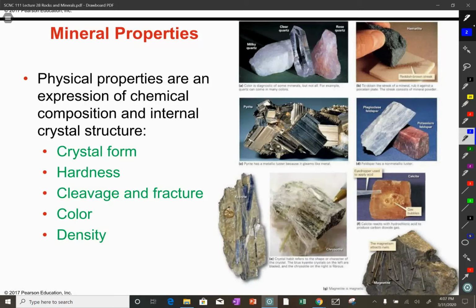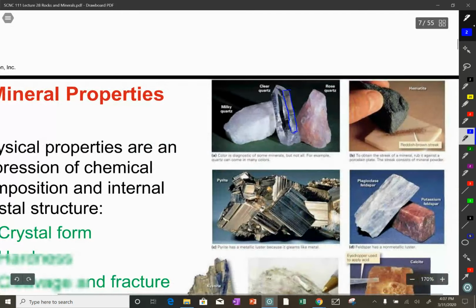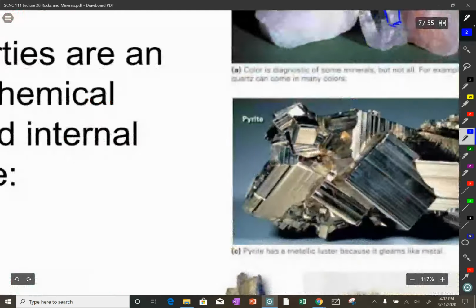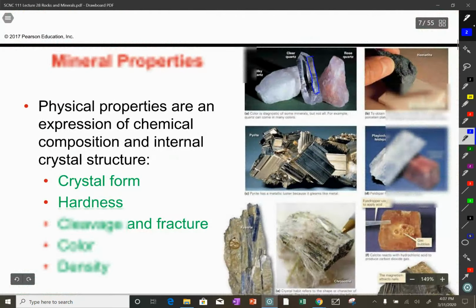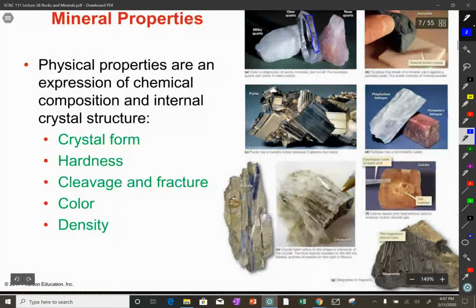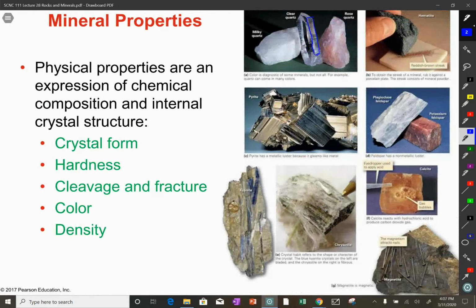So if you look, for instance, at this picture of the quartz, it has certain planes where it cleaves. In this pyrite, it's very clear that there are certain planes there. Whereas if something fractures, it doesn't form a nice, even, flat surface. It just is all over the place.